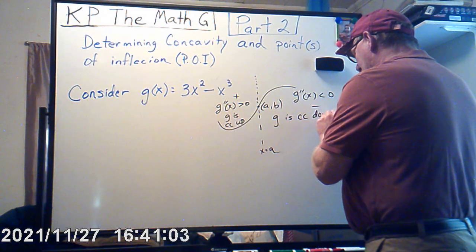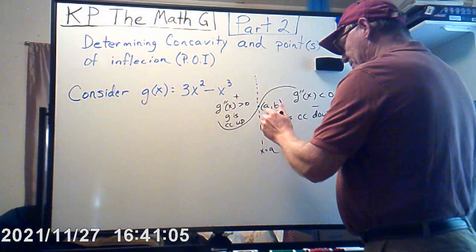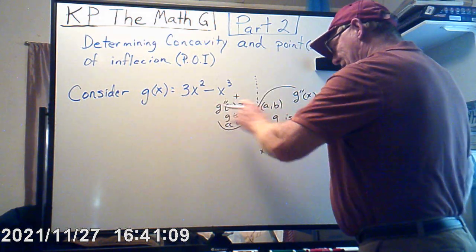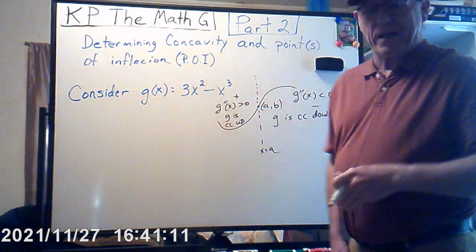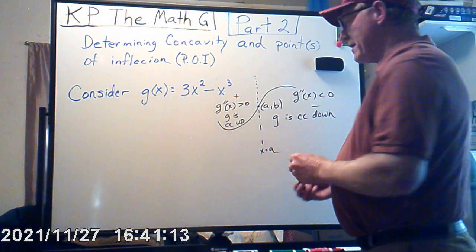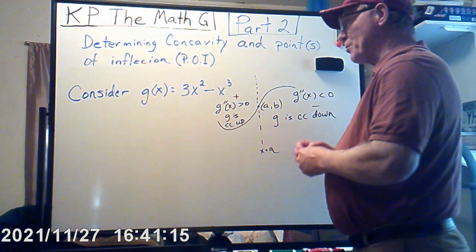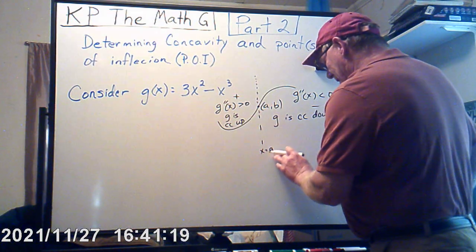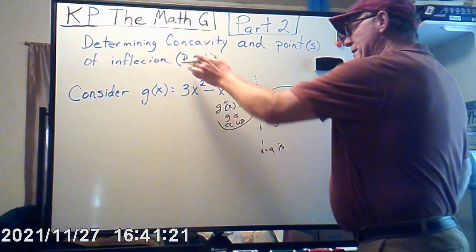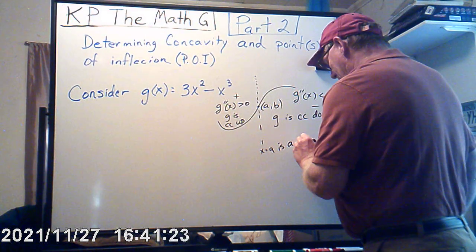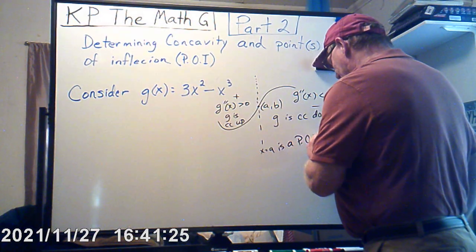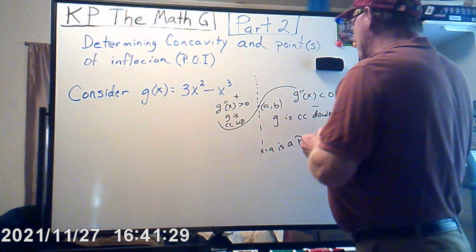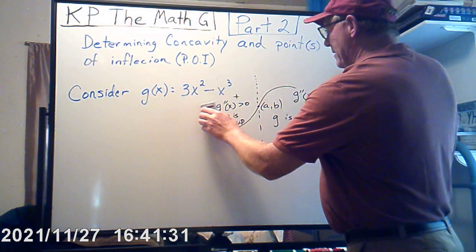To the left of x equals a, concave up. To the right of x equals a, concave down. That's what we're leading to: x equals a is a point of inflection.